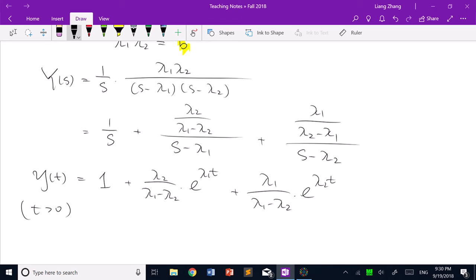The way we can write it into two separate exponential terms is we also assume that lambda 1 is not equal to lambda 2. So you don't have repeated roots. If they're repeated, they would take a slightly different form. But if they're not repeated, it's possible to write these two separate exponential terms.